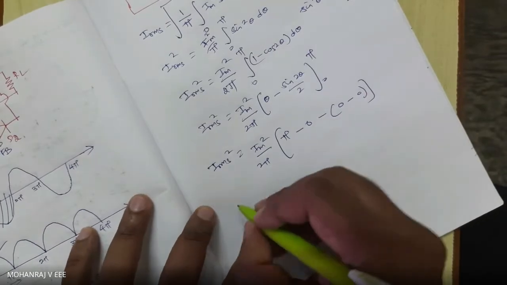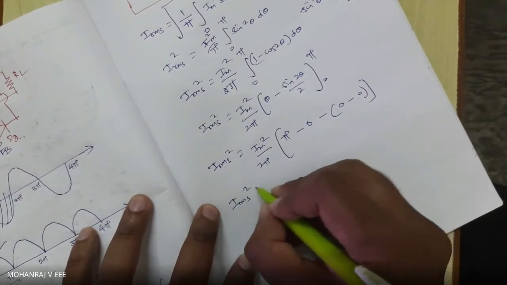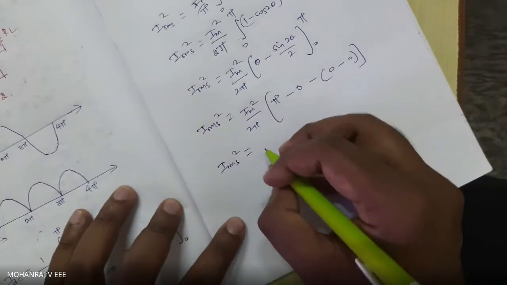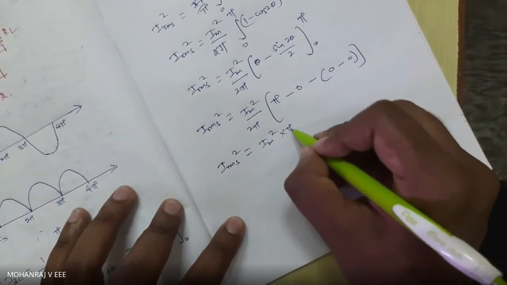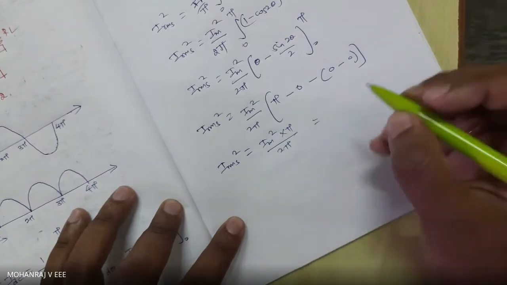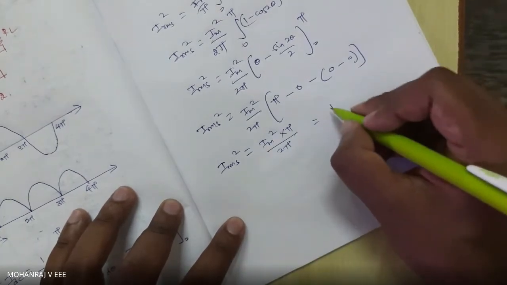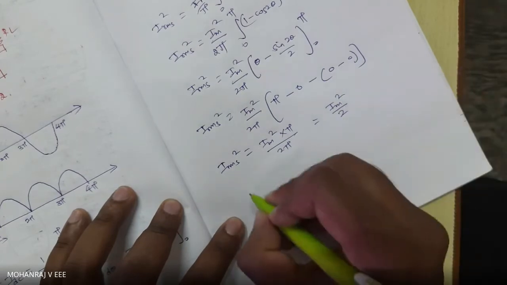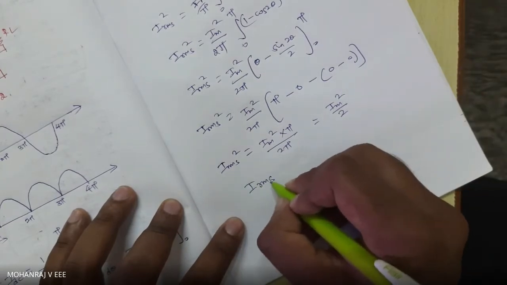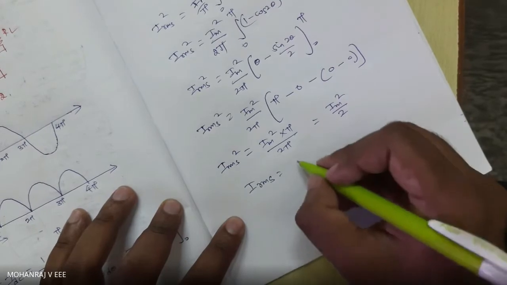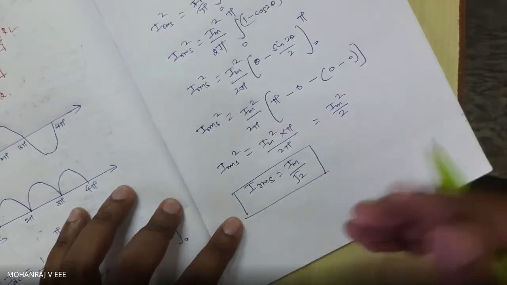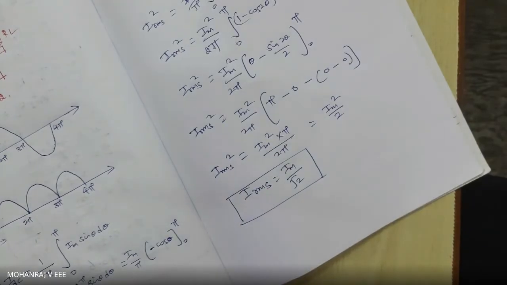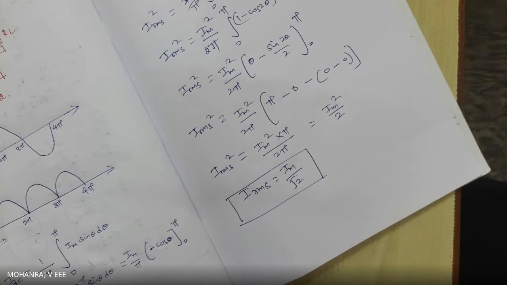So the result is IRMS square is equal to Im square into pi by 2 pi. So pi will get cancelled. You will get Im square by 2. So take square root on both sides. You will get IRMS is equal to Im by root 2. That is the IRMS for full wave rectifier.